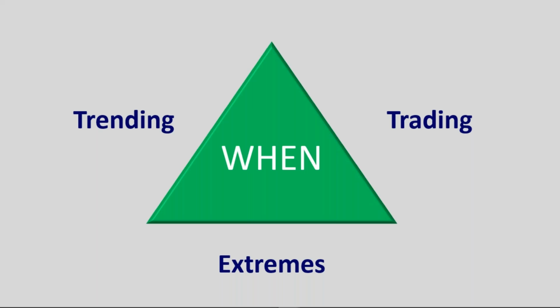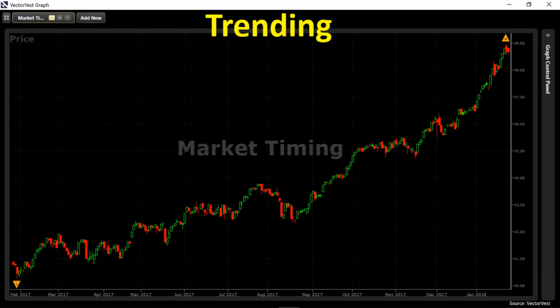So let's first talk about each one of these philosophically, and I'm going to walk you through each one. What we're looking at here is a candlestick price chart on what we call the VectorVest composite, or VVC for short.